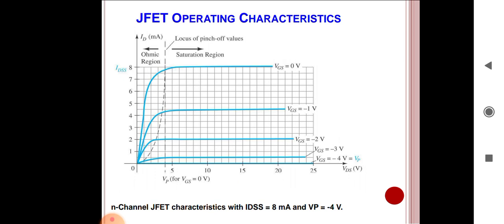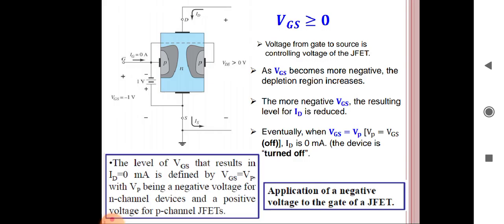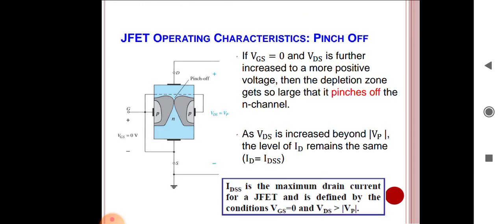Then if we provide a large negative voltage to the gate, it will completely block your channel, as we have seen previously. This voltage is called the cutoff voltage VGS, where the JFET stops working because the channel is completely blocked and it will not be able to produce any voltage and current.